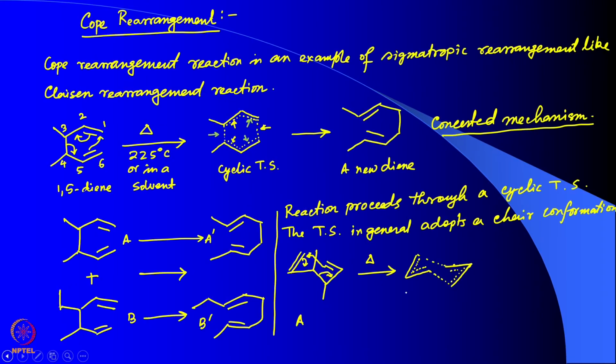So, this is the cyclic transition state where two methyl groups are in the axial position and it is in the chair conformation. When the product forms, you get to see this product as this.